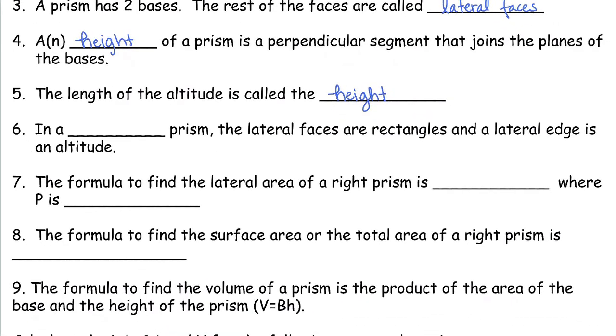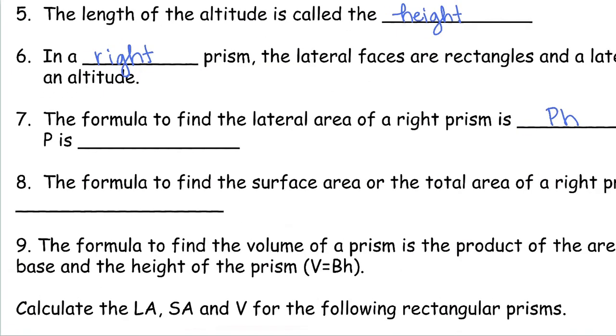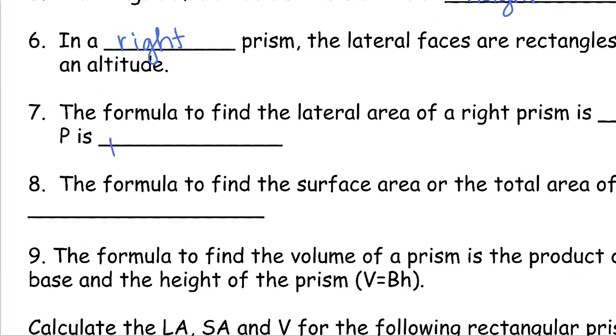In a right prism, the lateral faces are rectangles and a lateral edge is an altitude, or the height. The formula to find the lateral area of a right prism is PH, where P is the perimeter of the base.